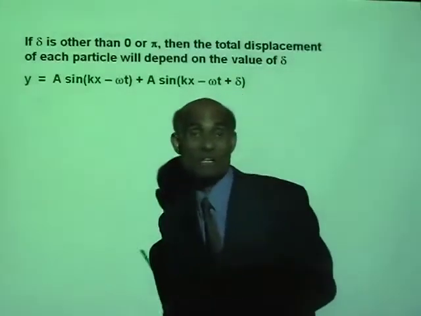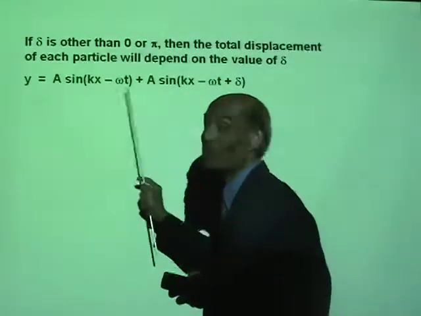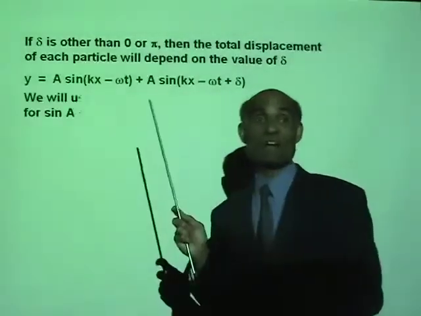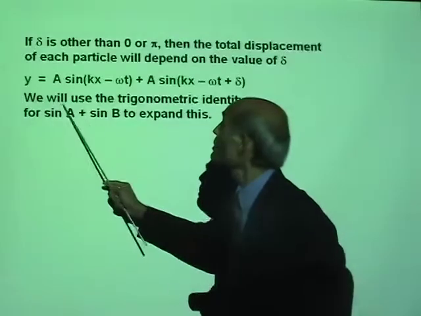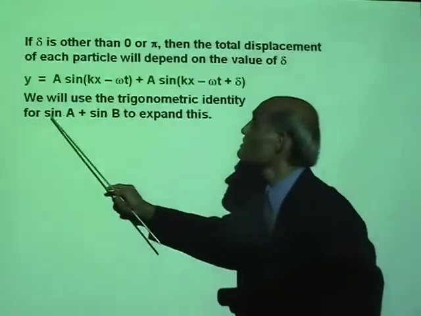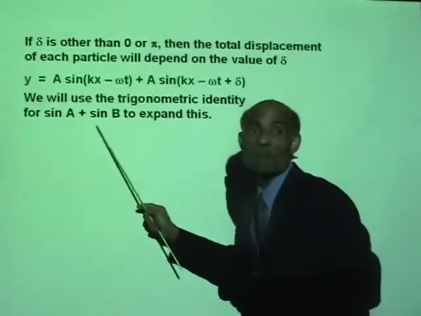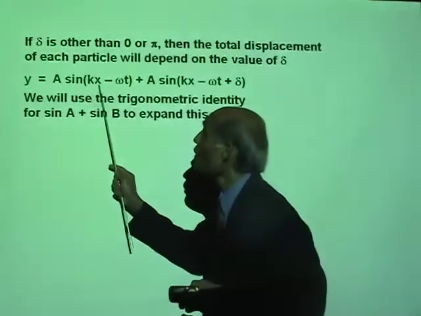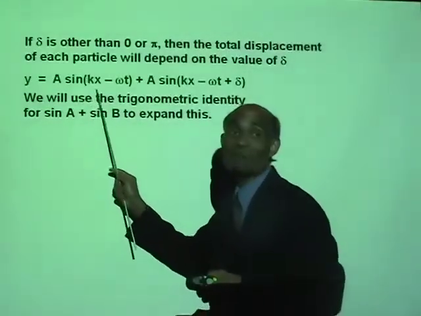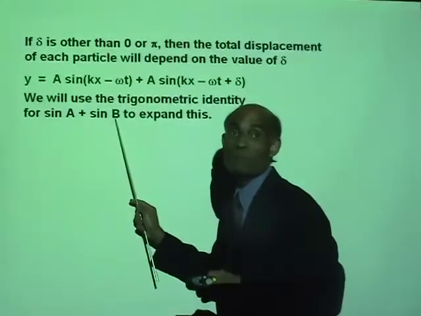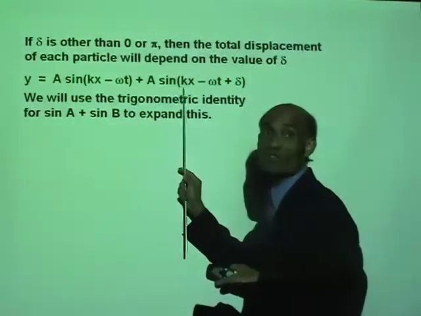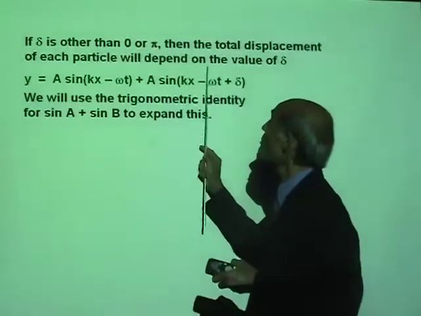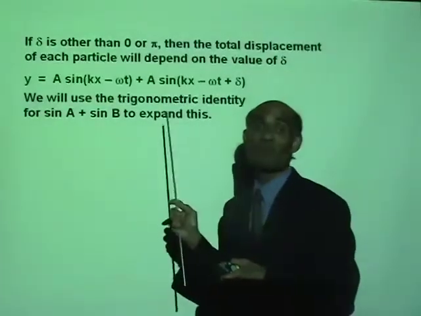Now in trigonometry, there is an equation that will help you to simplify this. We will use the trigonometric identity for sin A plus sin B. If you notice, A stands for this quantity, kx minus omega t, and B stands for this quantity, kx minus omega t plus delta.